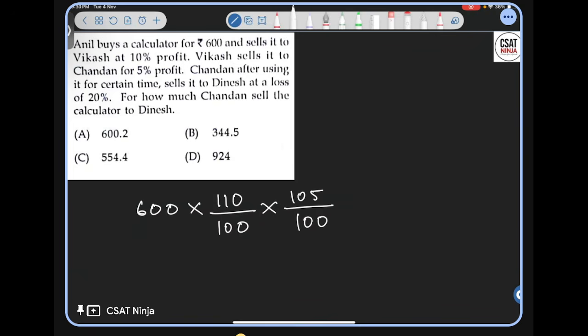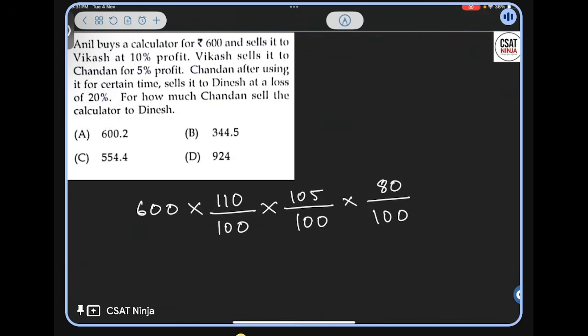Again, Chandan, after using it for a certain time, sells it to Dinesh at a loss of 20%. That means there's a loss here. From 100%, if there is a loss of 20%, it will be how much? Can I say 80? 100 minus 20, it will be 80.